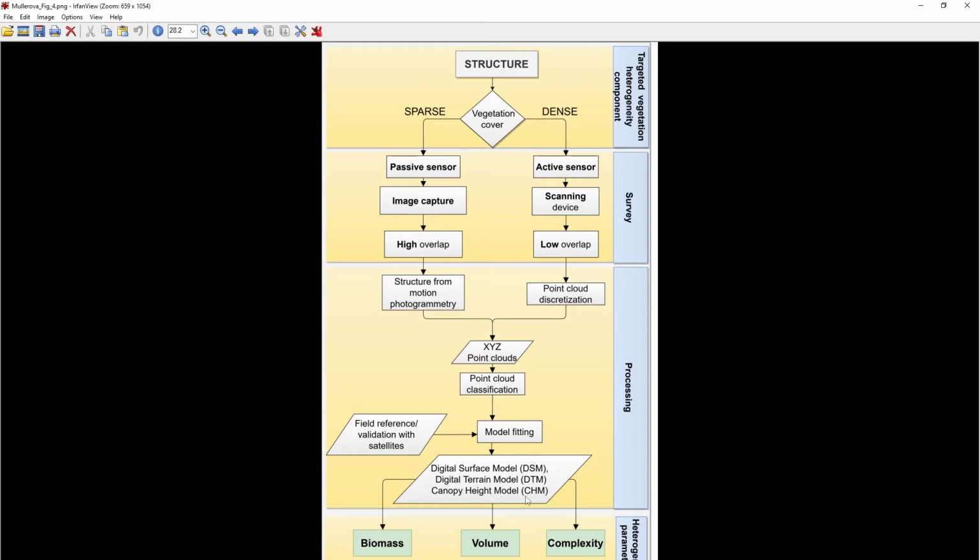In some cases, of course, we can combine the approaches. If we have the terrain model available from some previous LiDAR mission, we can use optical remote sensing for just getting the surface model that is up to date. Typical parameters that are assessed in this way are biomass, volume, or the stand complexity.